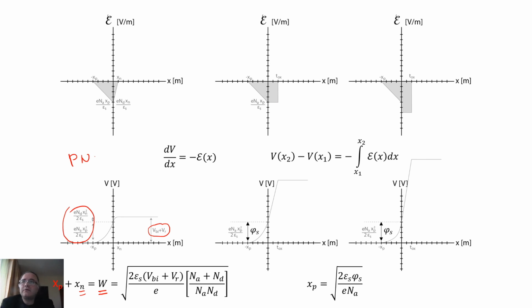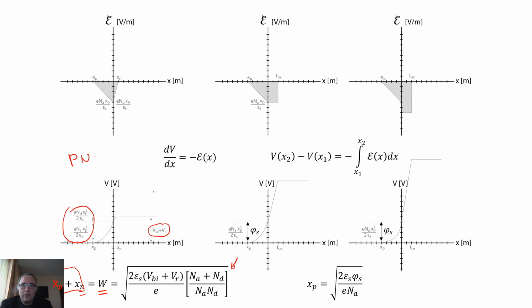And of course, you know the relationship between NDXN and NAXP. When you put all this in the formula, you can express the width of the depletion region to be dependent on the built-in potential difference plus the reverse bias voltage, and here the concentrations of doping in the N side and in the P side.